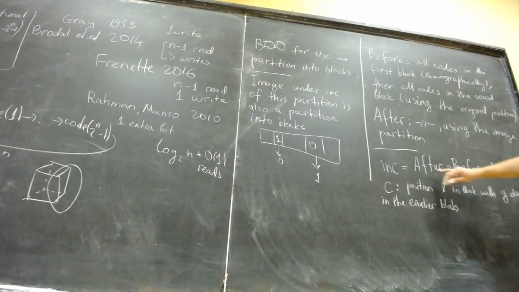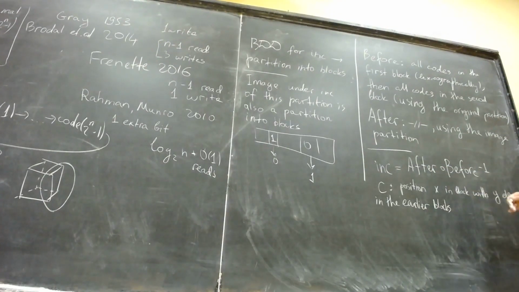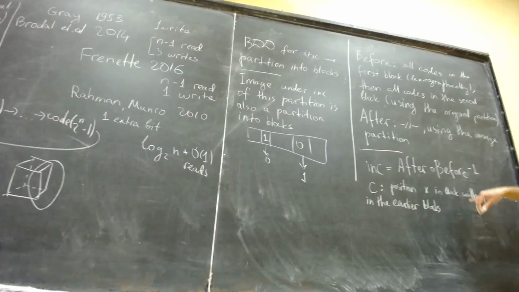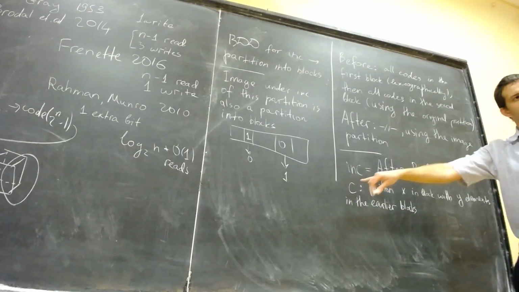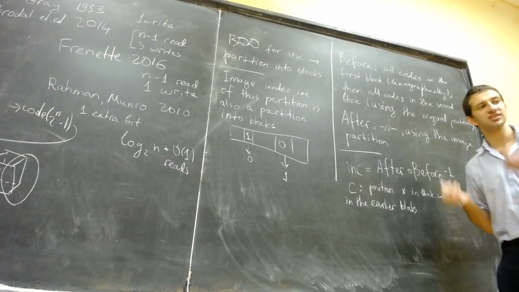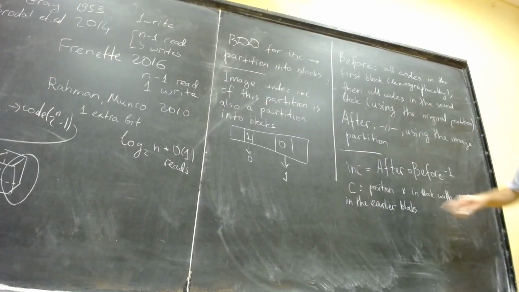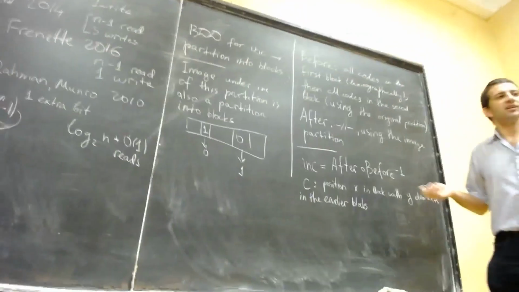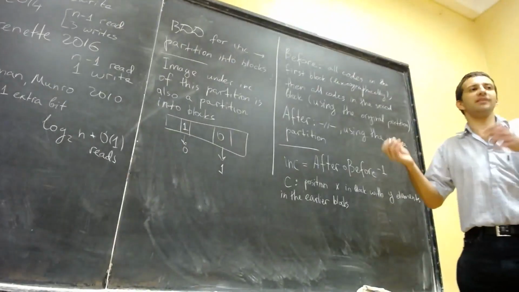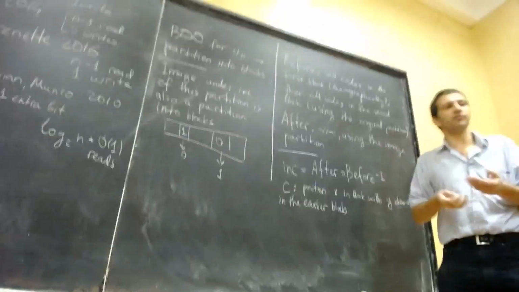And now let's look at what after of x plus y is. It is the element corresponding to C. It has the same position inside the block, because it has the same number of elements before. So the corresponding block is the image of the same block.